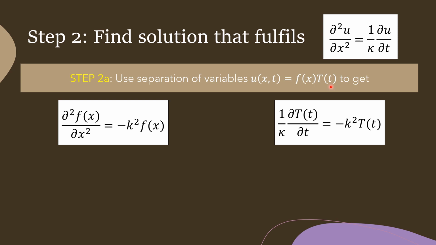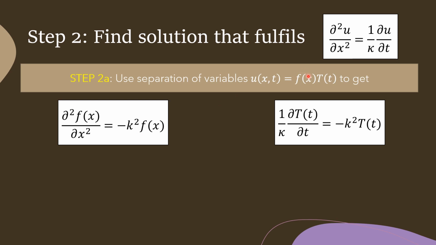So what happens is that after some derivation steps, you will see that you can separate it into two equations. On the left hand side here, you have to solve for f, and this will give you the solution for the spatial part.